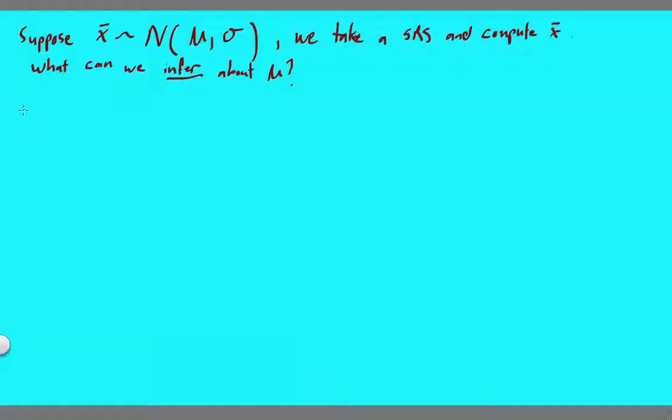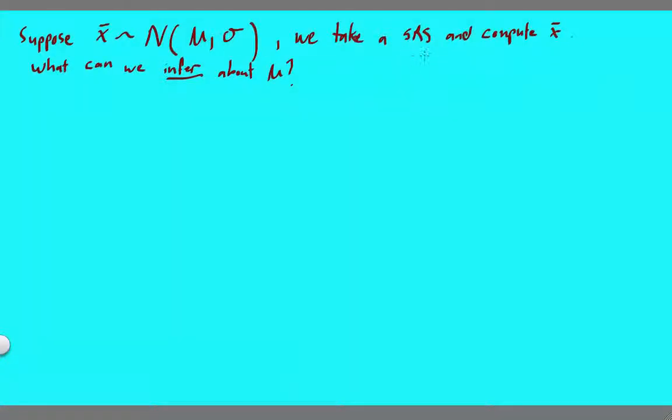our sample. So we're going to suppose that our sample mean is going to be normally distributed with some unknown mean, and so this may or may not be known. For our purposes, we're going to just pretend we know the standard deviation.